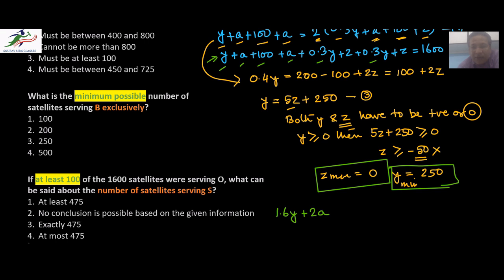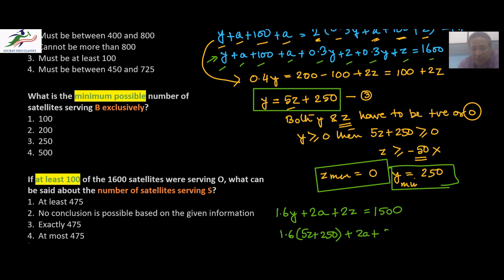And on the other side we have 1600. So we transpose that, and we are left with 2z. So plus 2z is equal to 1600 minus 100, which is 1500. And we also have seen that y is equal to 5z plus 250. So I put that here. So I get 1.6 into 5z plus 250 plus 2a plus 2z is equal to 1500.